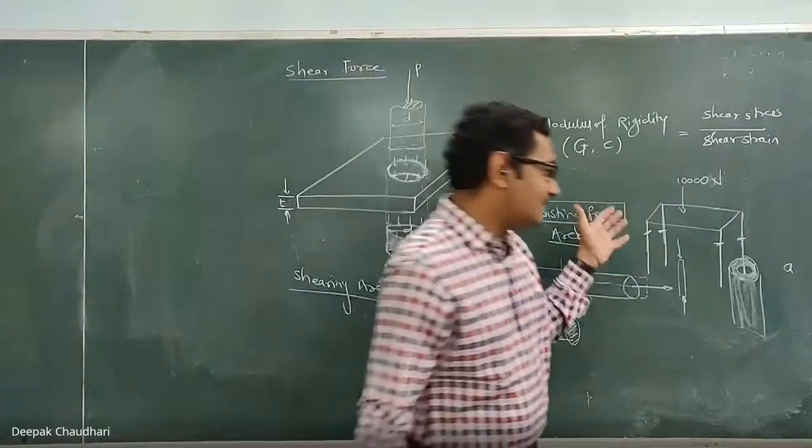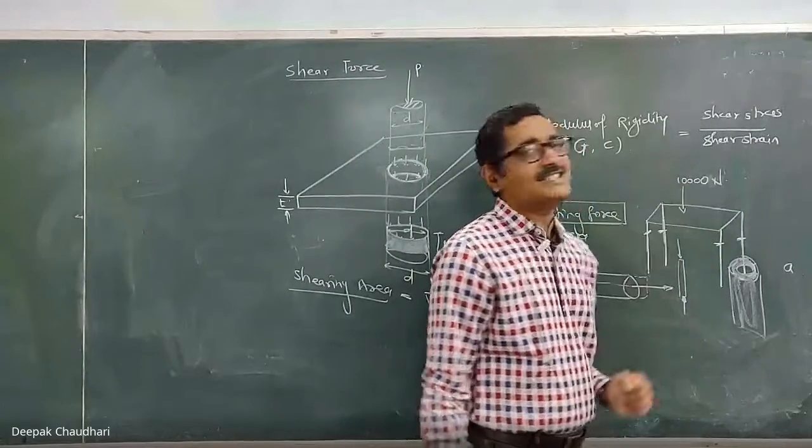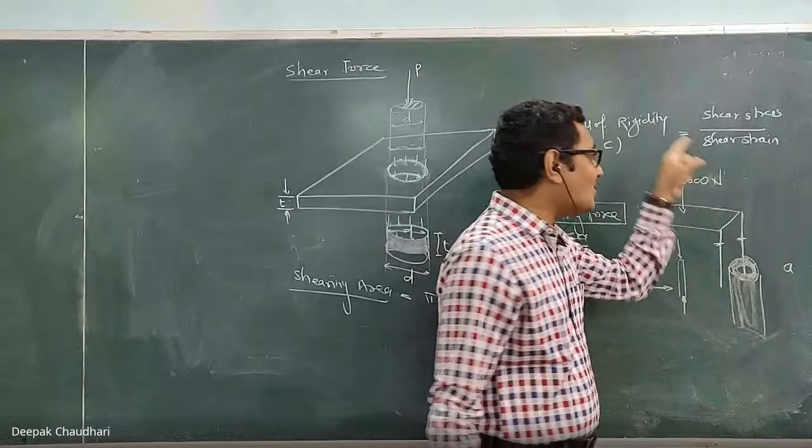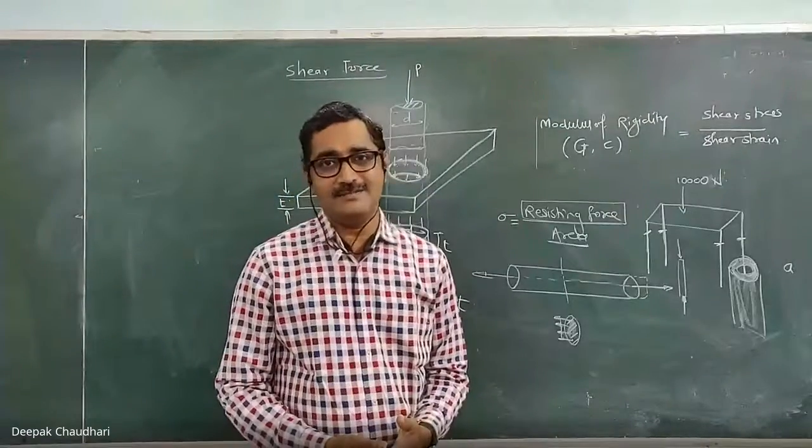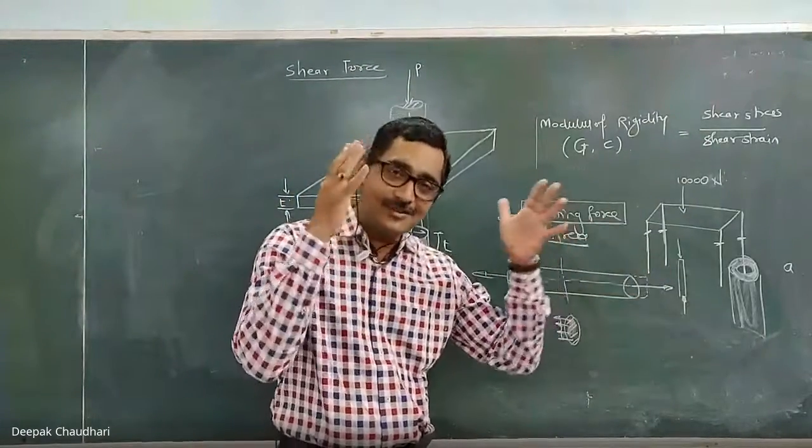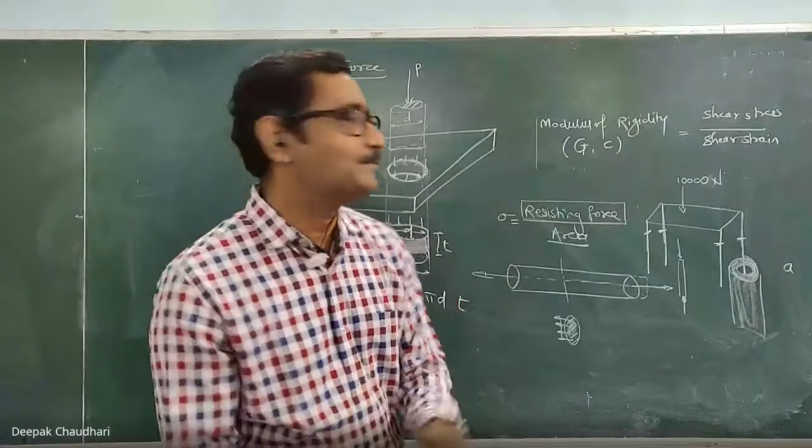Yes, but then also it can't sustain this 10,000 Newton, because to sustain it, the resisting area is the cross sectional area. Increase the cross sectional area, because in this case the cross sectional area is the resisting area.